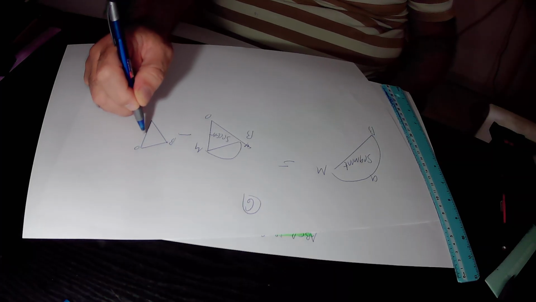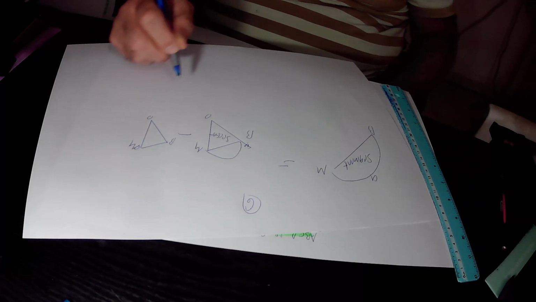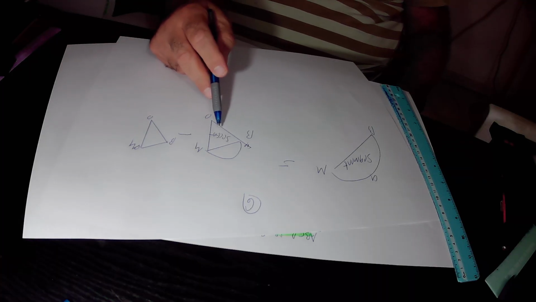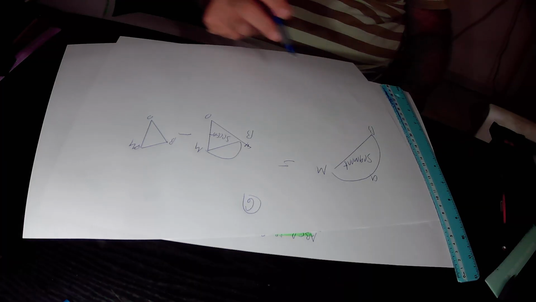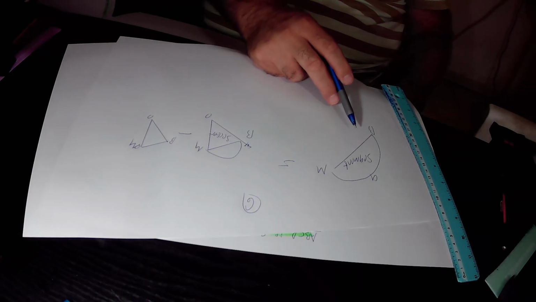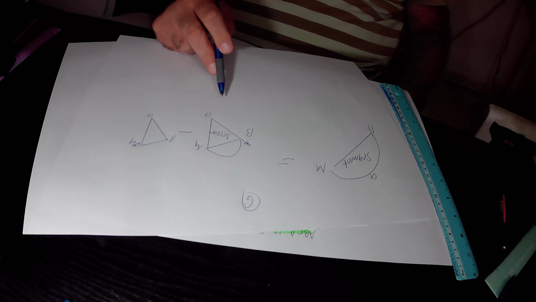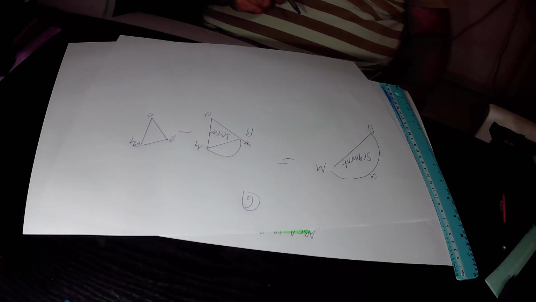If you subtract the area of this triangle BOM from the area of this sector BOM, you will get the area of this segment BUM. It's very easy to see it from the drawing. The area of segment BUM equals the area of sector BOM minus the area of triangle BOM.